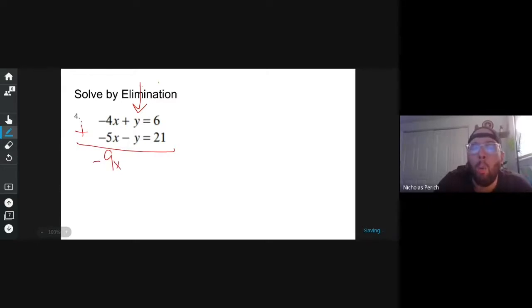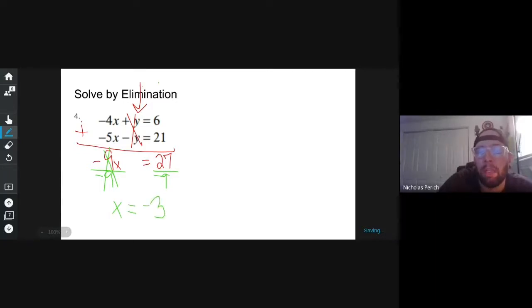Y minus y disappears. 6 plus 21 is 27. Hooray, my y's disappeared. And now it's a really simple problem. Divide everything by negative 9, x equals negative 3.